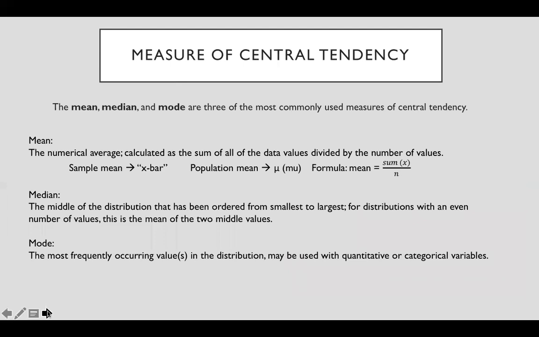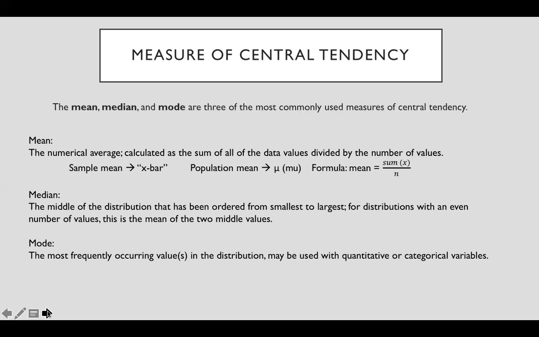All right, so we have three measures of central tendency that we're going to use: mean, median, and mode. The mean is the average, calculated as the sum of all the data values divided by the number of values. We call our sample mean x bar, and our population mean is mu. Next, the median is the middle of the distribution that has been ordered from smallest to largest.